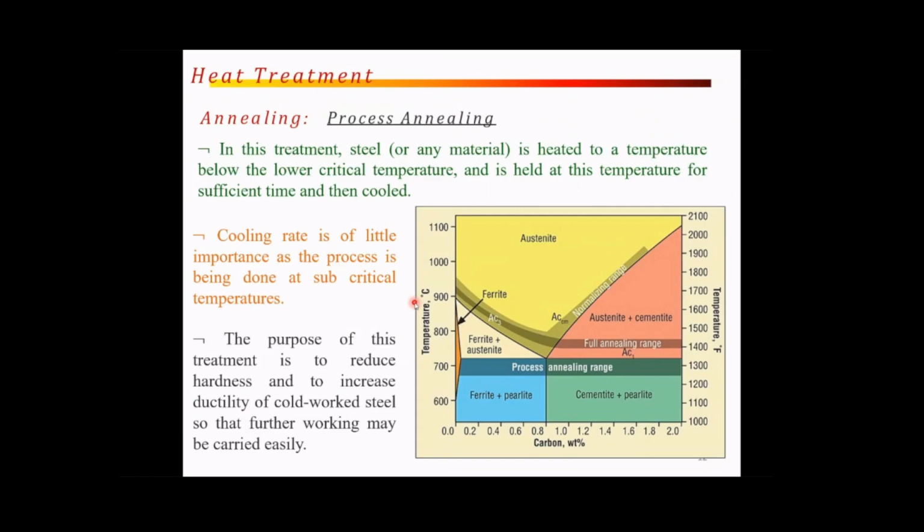We heat the material up to 723 degrees Celsius, then cool it slowly inside the furnace and then in the open atmosphere. The purpose of this treatment is to reduce hardness and increase the ductility of cold worked steel, so that further working like machining and forging may be carried out very easily.